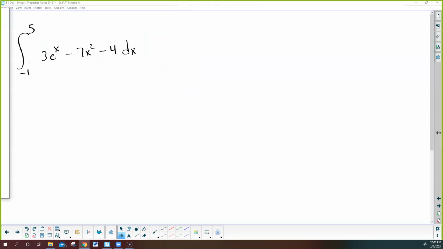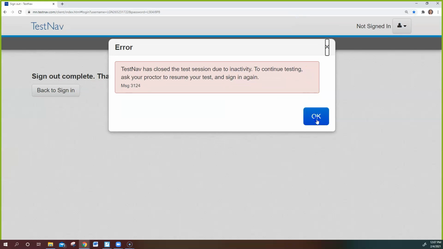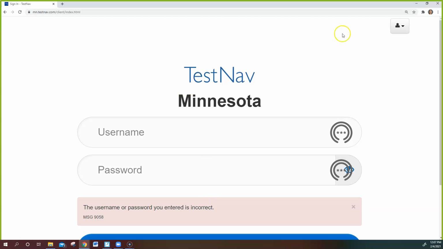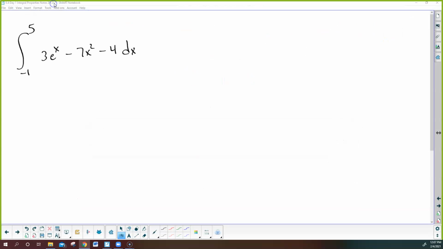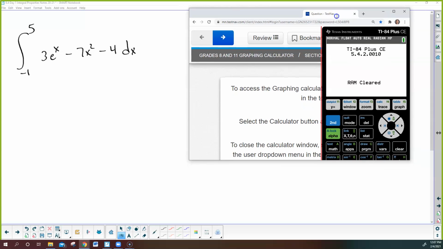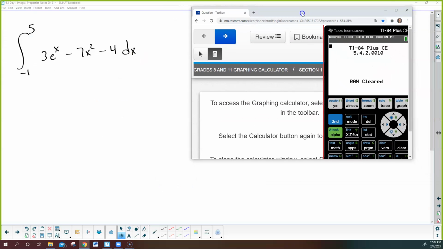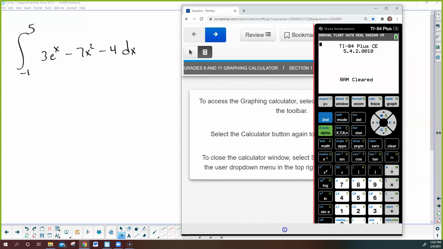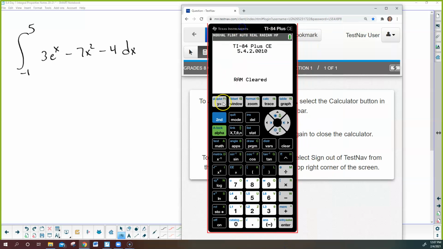So if you had a question on how to do this from the video, I'll show you really quick. Now I will mention that you need a TI-84 to get this exactly the way it should look, and the video goes over it.